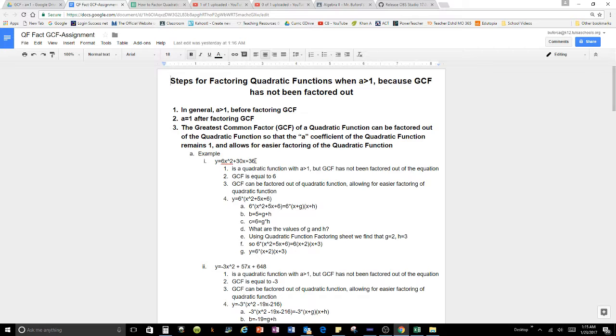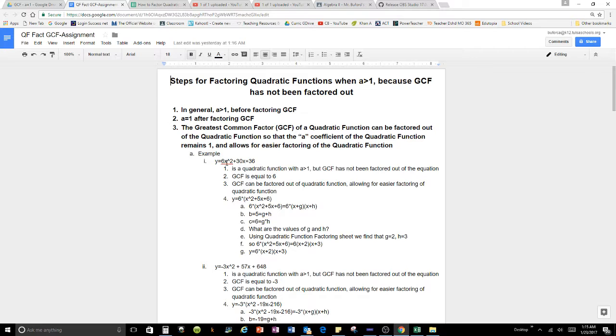So we can pull 6 out of this equation, and when we do that, you see we have this quadratic function here. If we pull 6 out of this term, we'd be left with 6, which is what we have here. If we pulled 6 out of this term, we'd have 5x left, which is what we have here. And if we pulled 6 out of this term, we'd only have x squared left, which is what we have here.